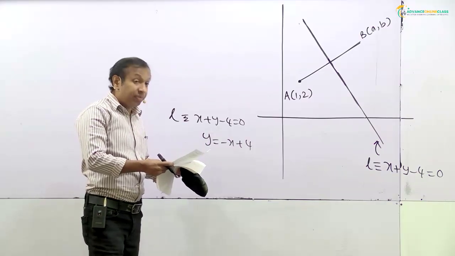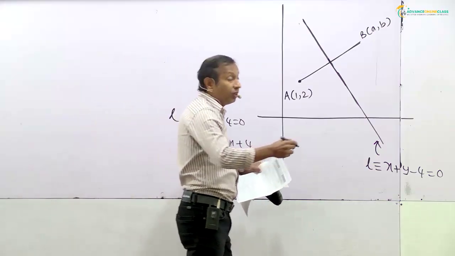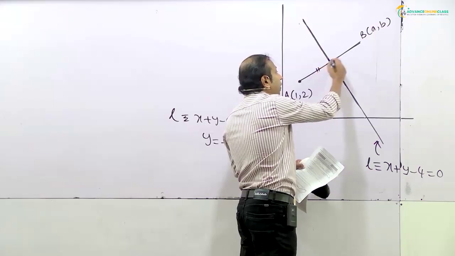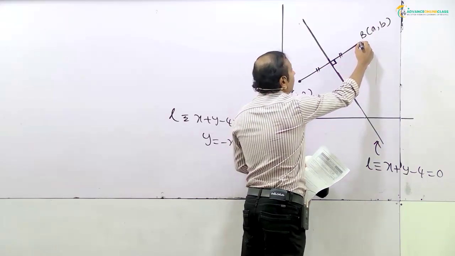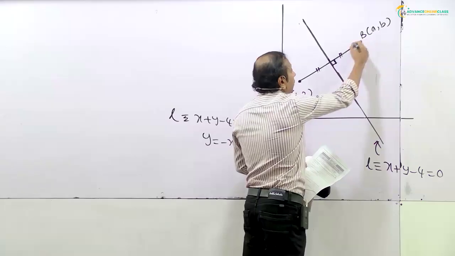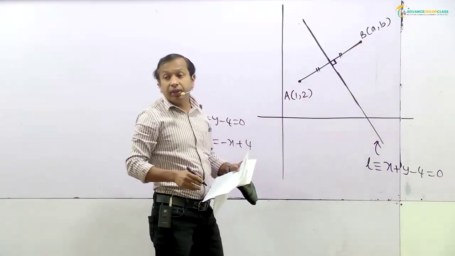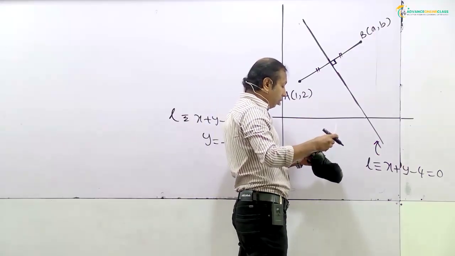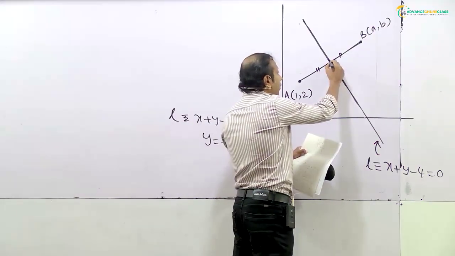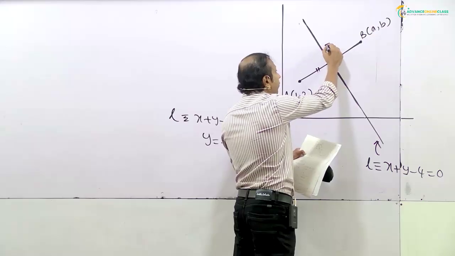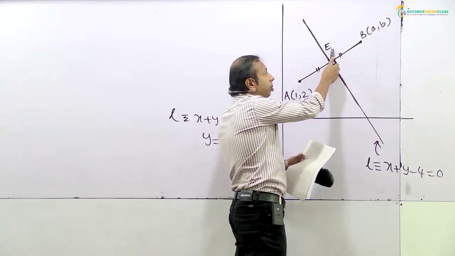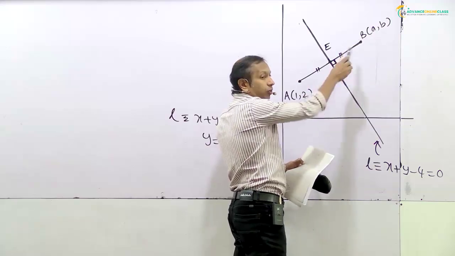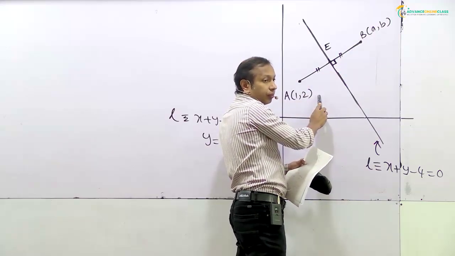L is the perpendicular bisector of AB. Perpendicular bisector means what? Here it is 90 degrees, and these two lengths are equal. That's the meaning of perpendicular bisector. We are asked to find a and b. If I take this point to be E, how do we find the point E? E is the midpoint: (1 plus a)/2, (2 plus b)/2.